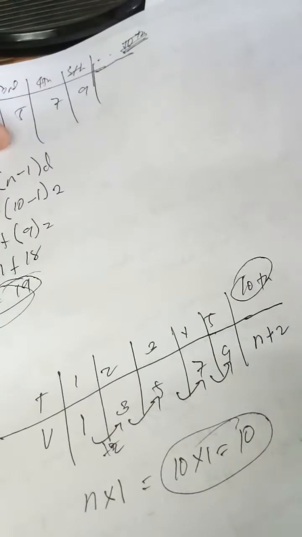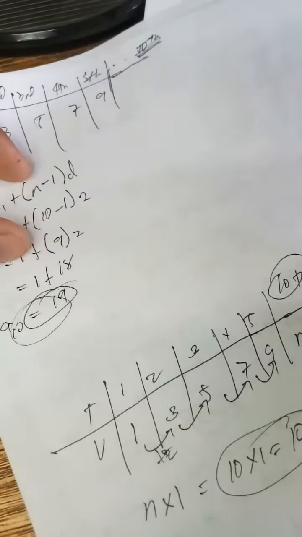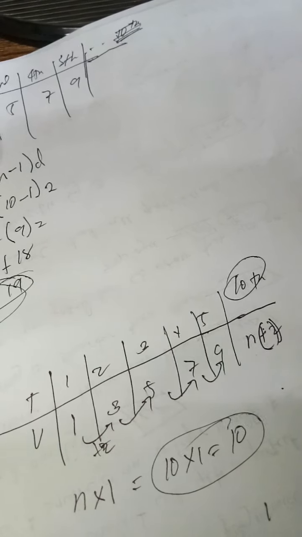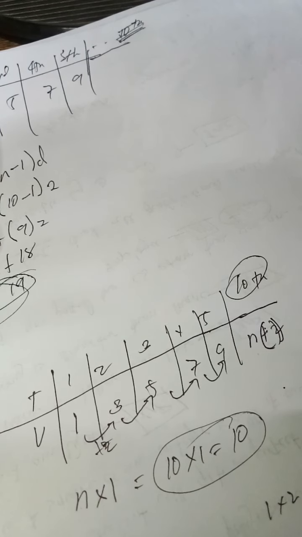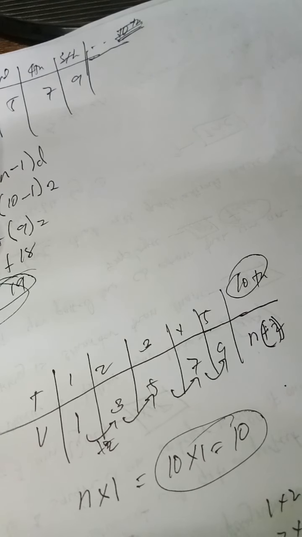Now, let's find out. So, we have 1. Okay? Take note, this is times. Okay? This times n times positive 2. So, you will have 1 times 2. So, that is 2. Ito ba yung first term? How about the second term? Times 2. That is 4. 3 times 2. That is 6.